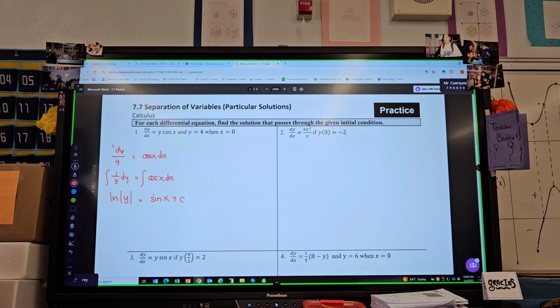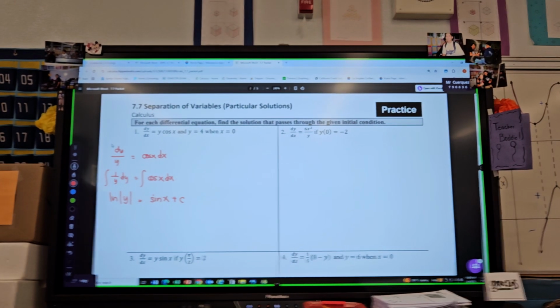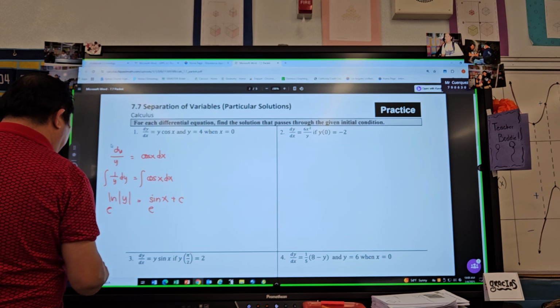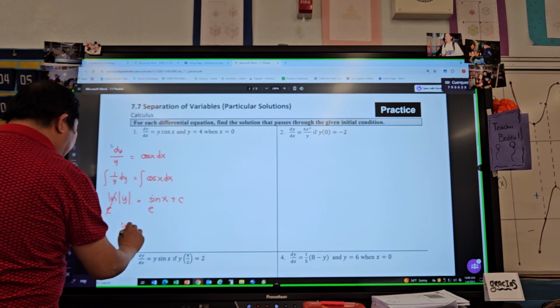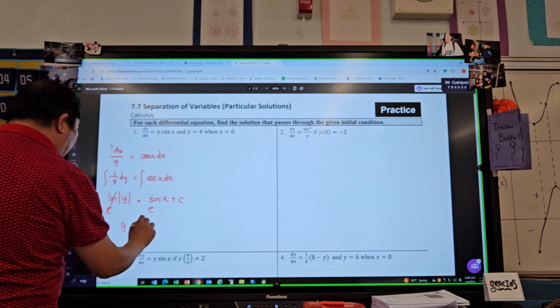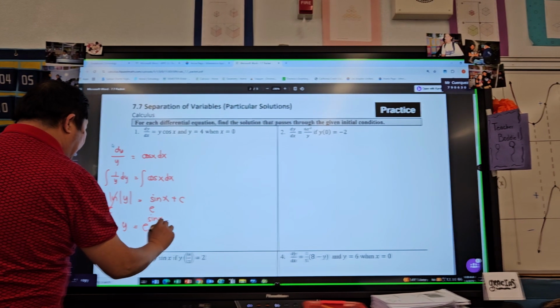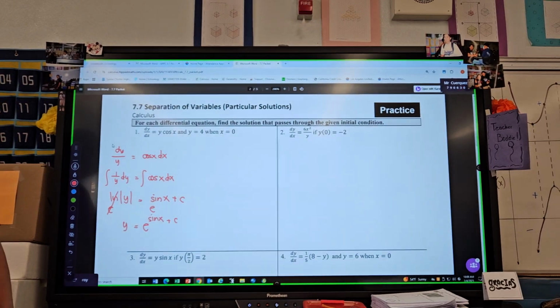So we're gonna exponentiate both sides, right? We're exponentiating both sides, so e and then e. So this means y is equal to e to the power of sine x plus the constant. And then we now plug in. Okay?